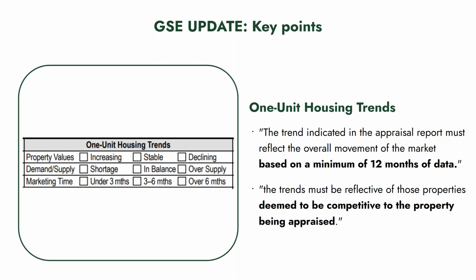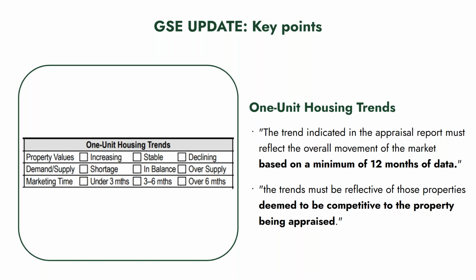But this gives us some guidance on minimum of 12 months. And since most of the time our comps are within the last 12 months, I suggest analyzing the last 12 months. If the market is higher today than it was 12 months ago, that's an increasing market. If it's lower, decreasing. So I think that simplifies the analysis of checking this box on page 1.